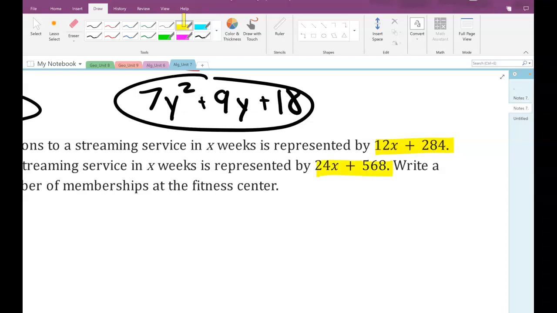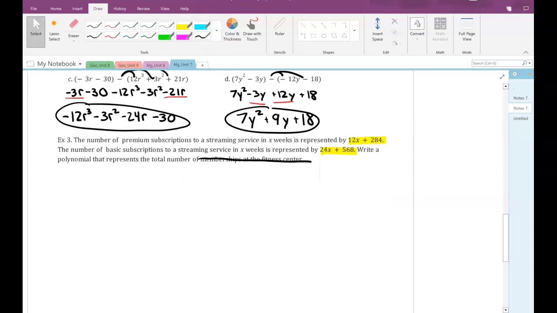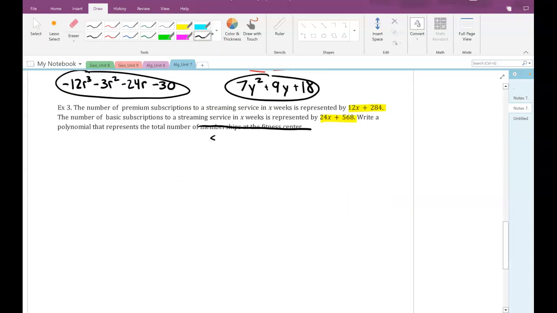It says write a polynomial that represents the total number of, and then I copy and pasted, and I didn't change that part. We're not talking about the fitness center. We're talking about subscriptions. But in the homework, you're talking about the fitness center subscription.